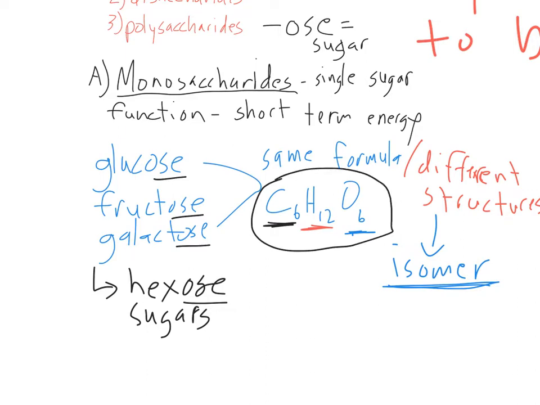Yes, 6 carbon. Very good. So hexose means they are 6 carbon sugars. That means it's a sugar that has 6 carbons in it. Say that again? Because you got to have 2 to 1 hydrogen to oxygen, right? Yeah. So that's why. All right.